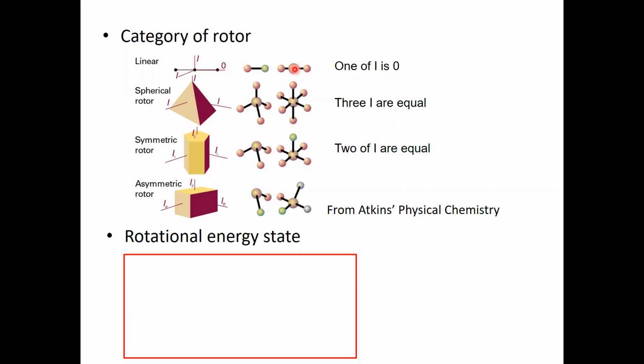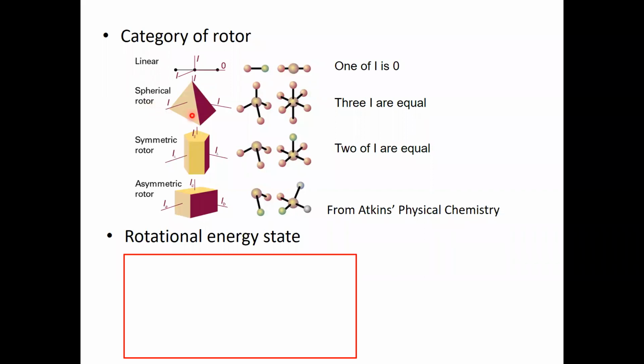So in the case of linear molecules, if you take the rotational axis parallel to the molecule, the inertial moment is 0, meaning that there's no rotational energy, which makes sense because it cannot give any inertial moment.